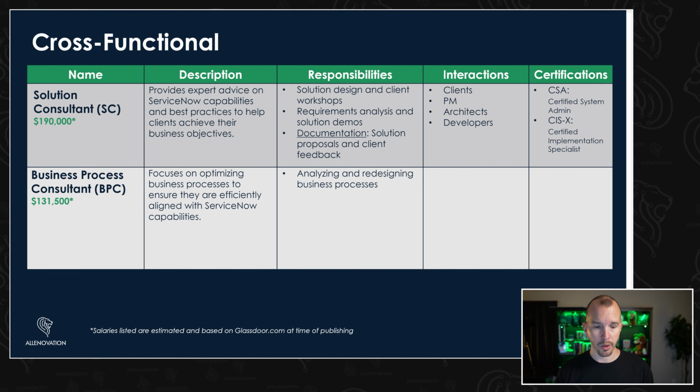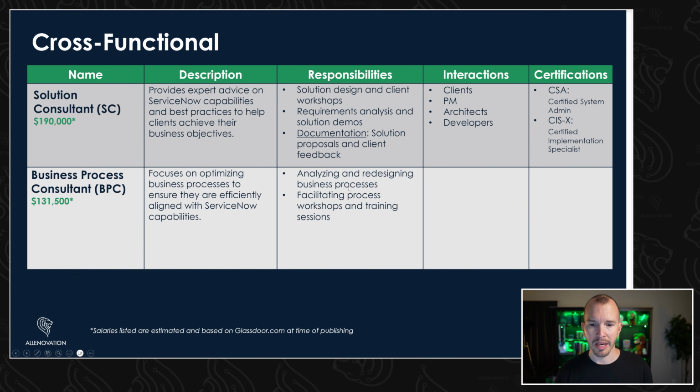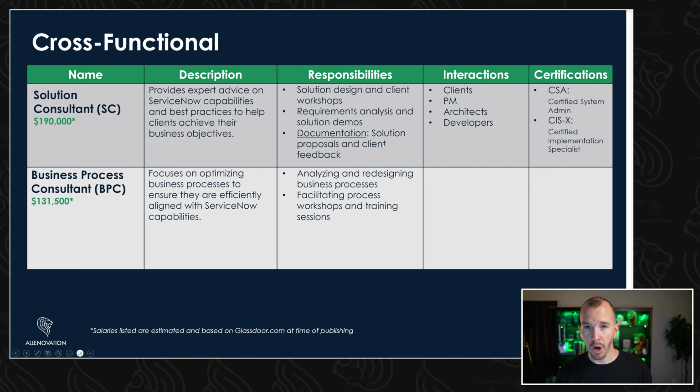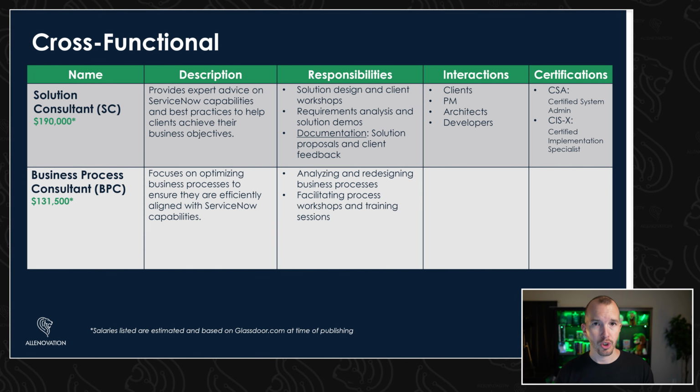They're not so much focused on how the solution is going to be. They're more on, hey, how does this organization or how does this client do things today? They want to understand the process and try to make that as streamlined as possible and redesign it, refine it, whatever that may be. They're going to be facilitating process workshops and training sessions.